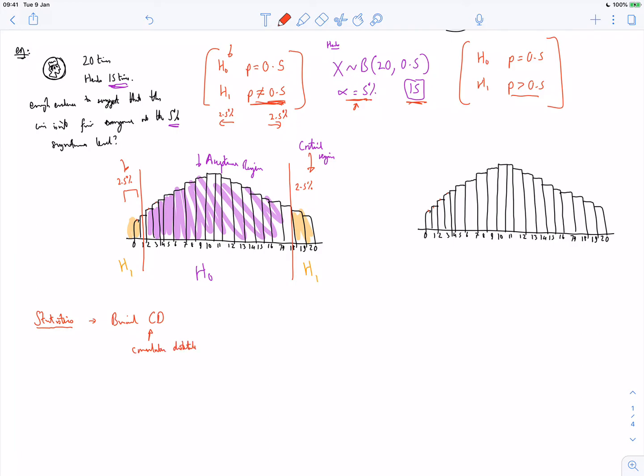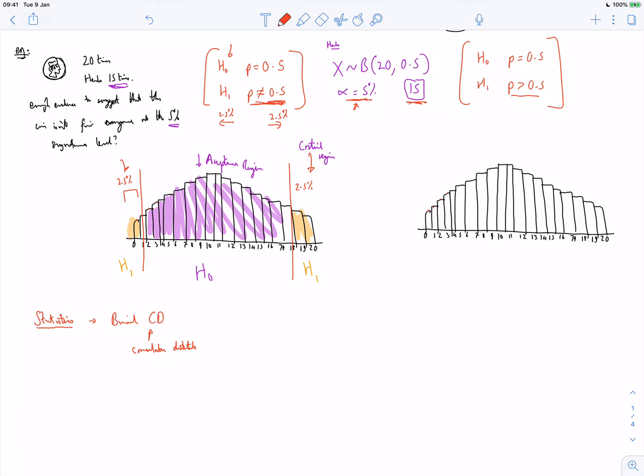Now, on the Casio fx-991EX, you press menu and then I believe it's 7. On the Casio CG50, it's menu and then 2. And because I've got a Casio CG50 right on me now, you would press dist, press F5 for distribution, then F5 again for binomial.